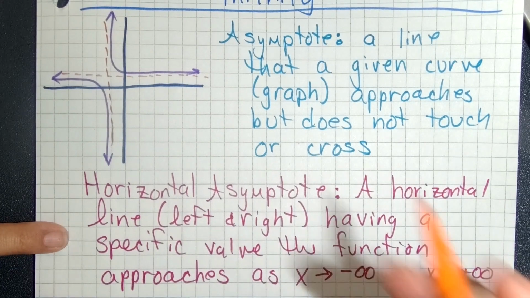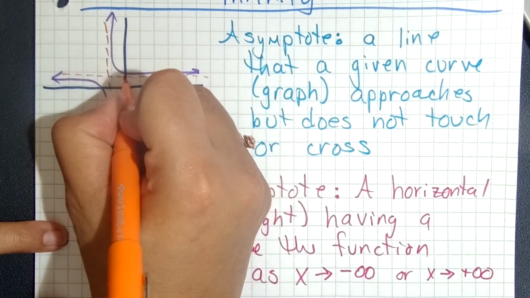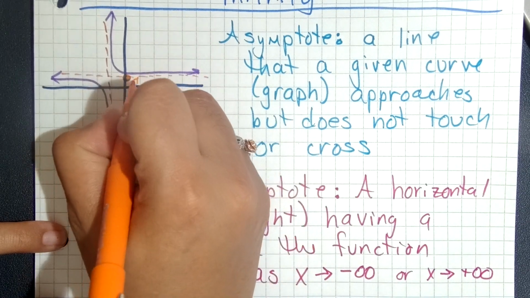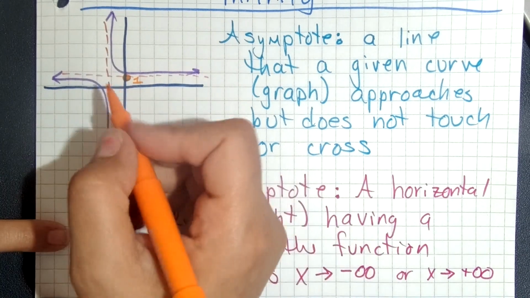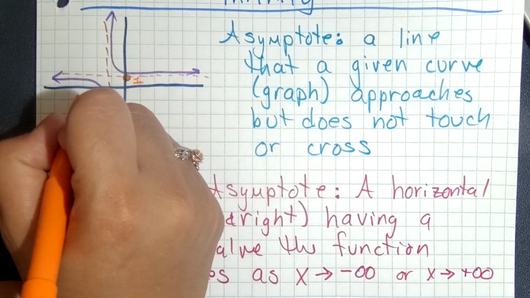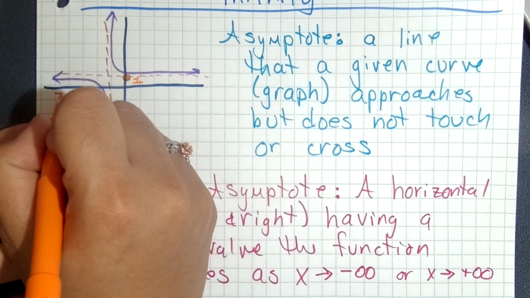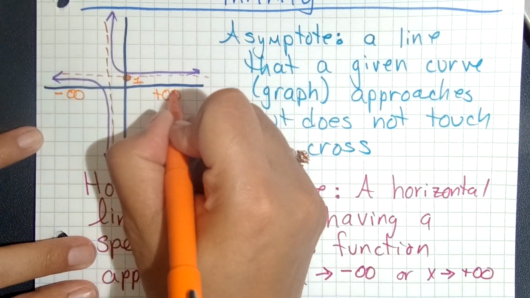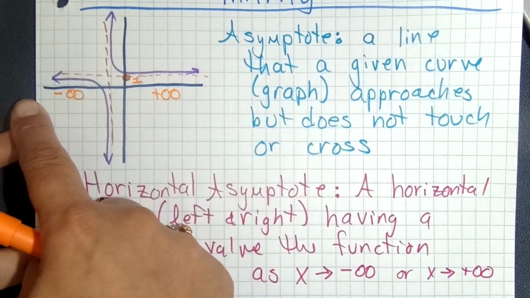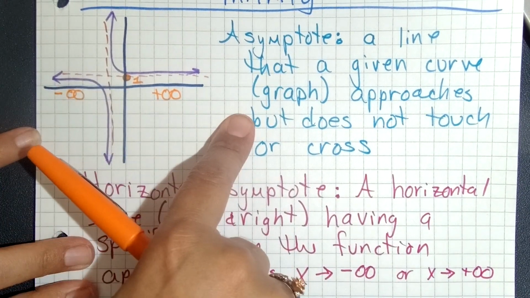So what that means is, let's say that this value right here is 1, okay? Your graph then, as x decreases, so remember we're talking about negative infinity over here and positive infinity over here. Because your x is getting smaller, your x is getting bigger.